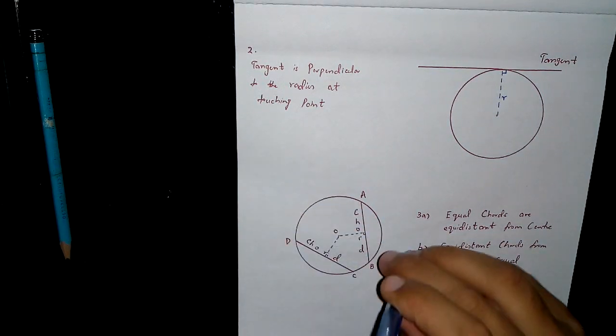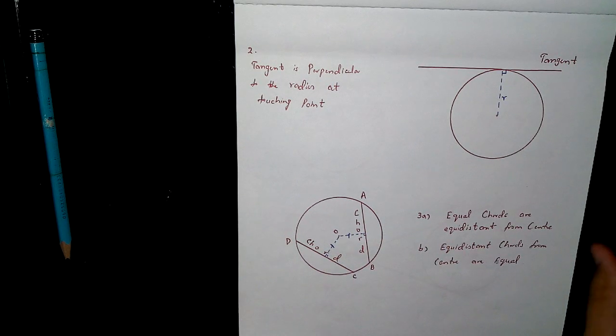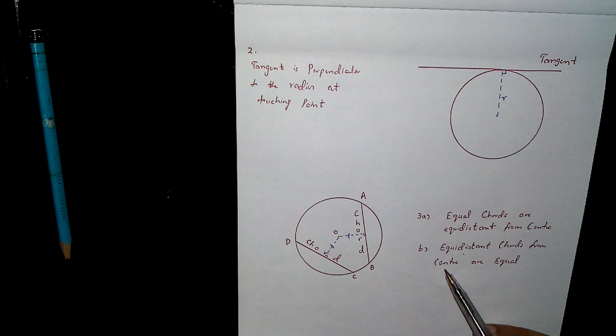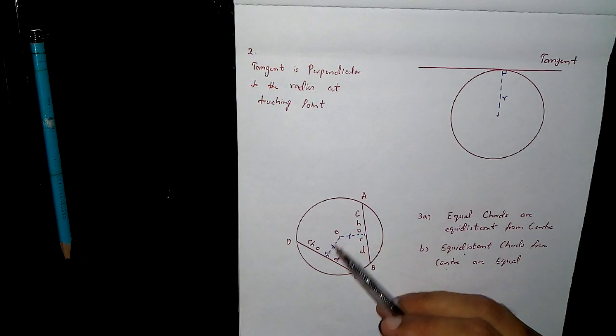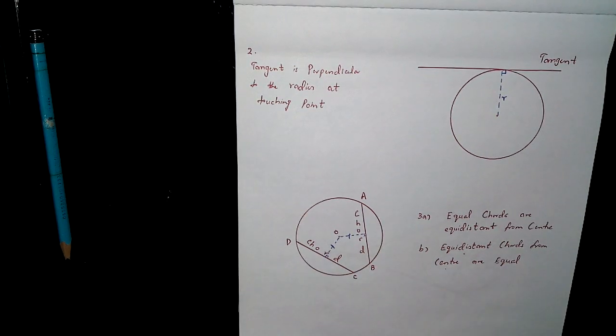Equidistant means that these two distances from the center will be the same. Or vice versa, equidistant chords from center are equal: if these two chords are at equal distance from the center, then these two chords must be equal, that is, the length of AB is equal to the length of CD.